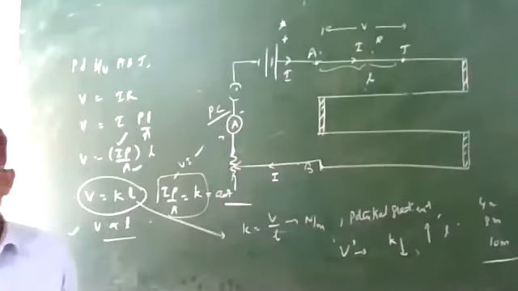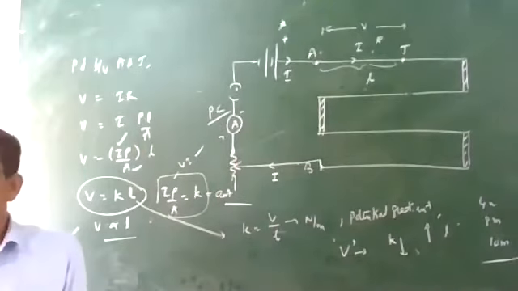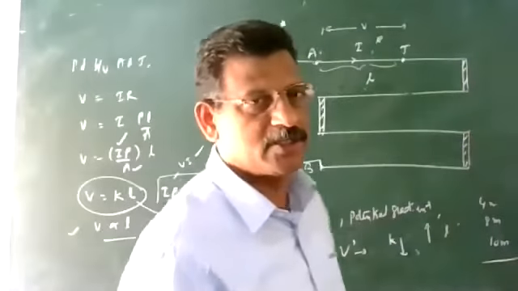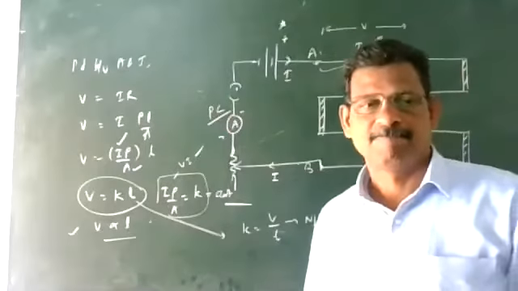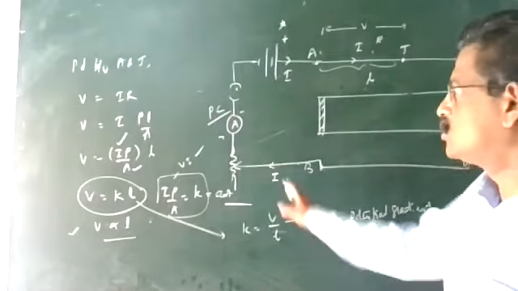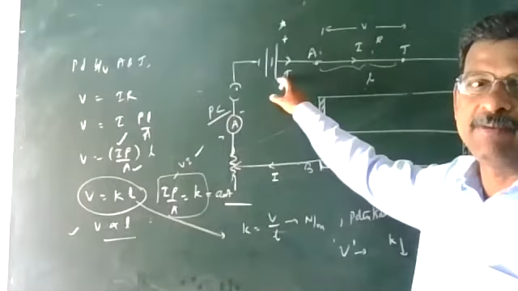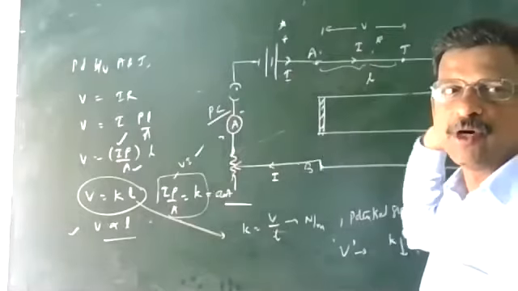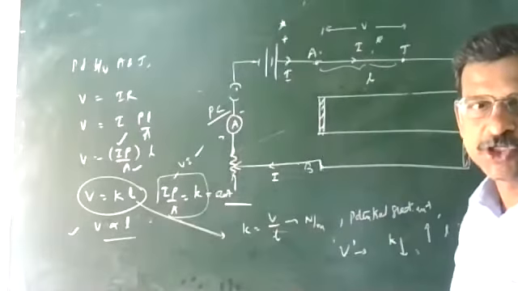The smaller the value of K, the greater the sensitivity. The sensitivity or accuracy of a potentiometer is measured by the term K. So if you give a constant voltage, sensitivity can be increased by using a 10 meter wire instead of a 4 meter wire. That will be the more accurate device for measuring.